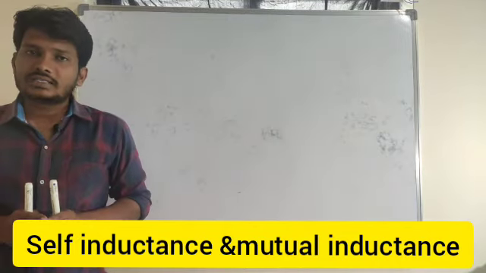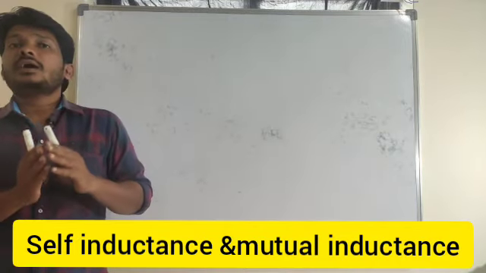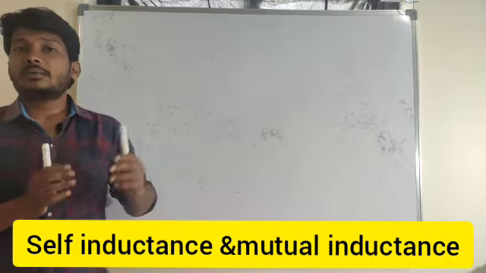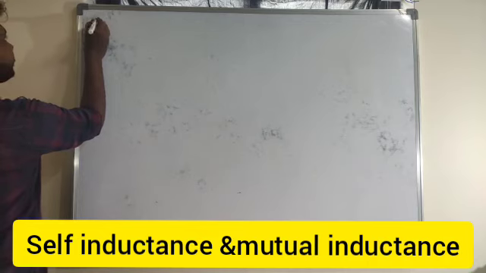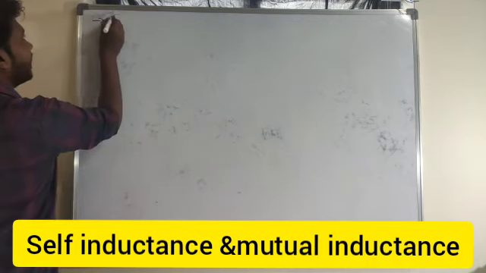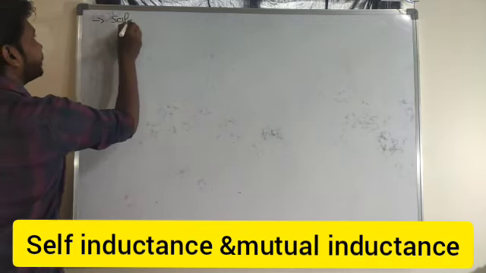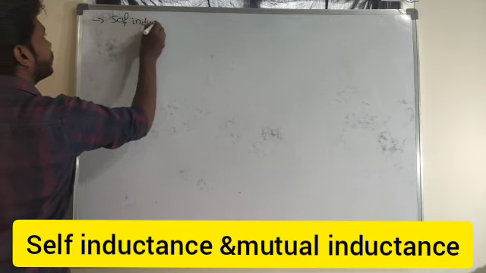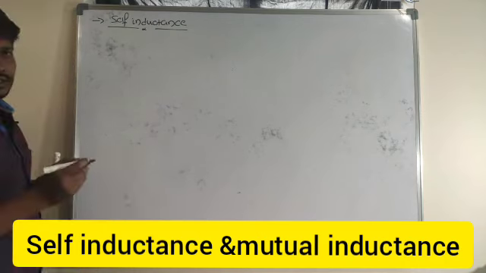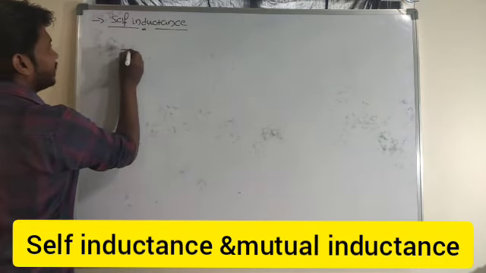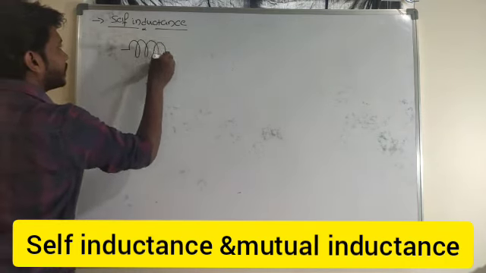So in today's class, let me focus on self inductance as well as mutual inductance. In theory class you already know about self inductance as well as mutual inductance. The word self inductance means, for example, I will take a solenoid here.